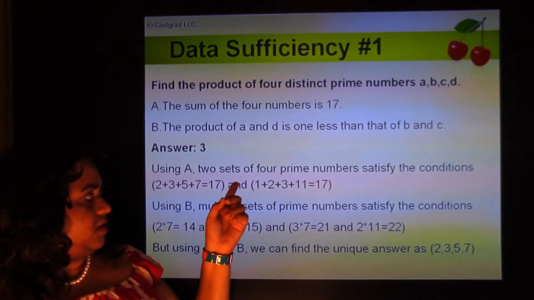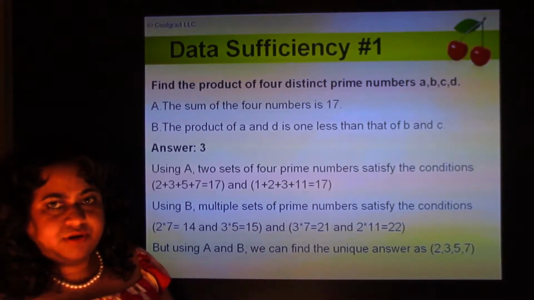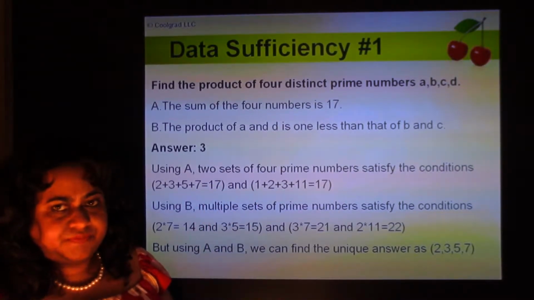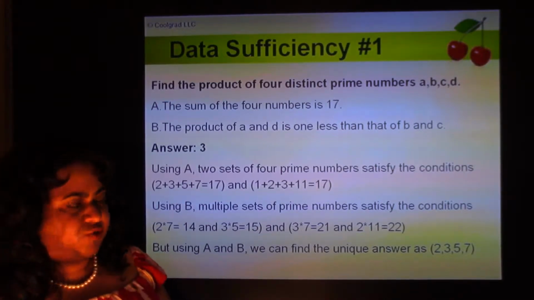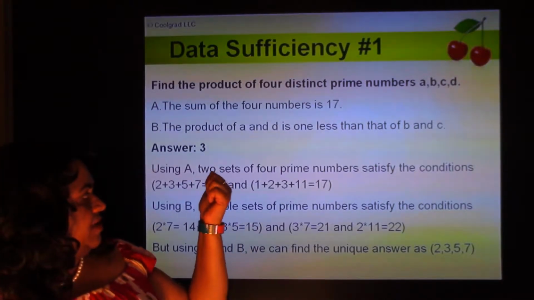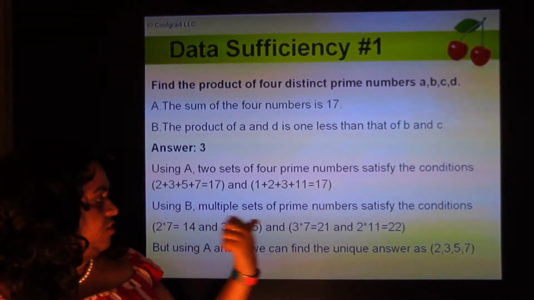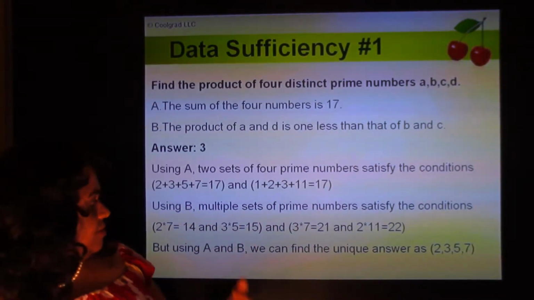So option 1 and option 2 are ruled out because you can't solve this problem using either statement alone. Let's try using both these statements together. Using A, we have potentially these 2 solutions. Using B, we have these 2 solutions or some more.